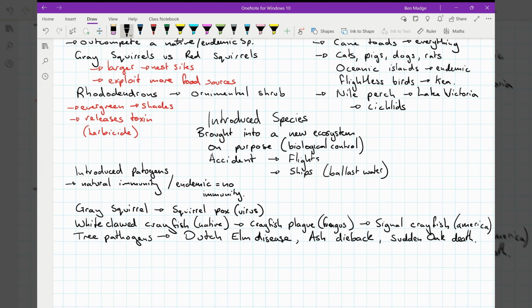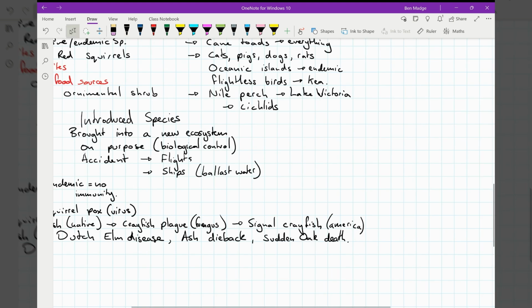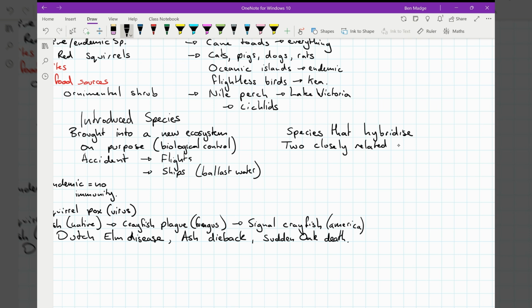And the last one, which I'll try and squeeze in over here, is species that hybridize. So a hybrid is two closely related species breeding, and this is a problem because it's two closely related species that naturally would never come into contact with each other.